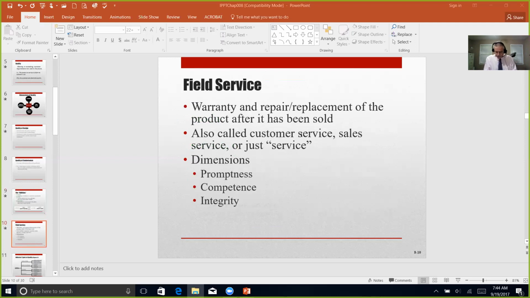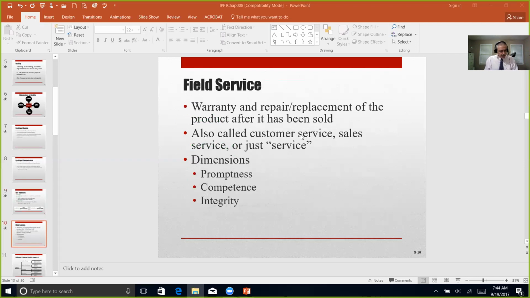That represents the warranty and repair or replacement of the product after it has been sold. After you sell a product, good, or service, how well you provide after-sales service is paramount in determining the quality that the customer places on that product or service.